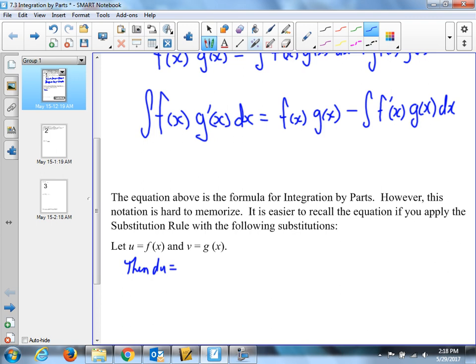Du by dx, what's that? If u is equal to f of x, what is it? Du is the derivative. So with the f of x notation, what's the derivative? F prime of x dx. So anywhere you see f prime of x dx, you're going to replace it with du.